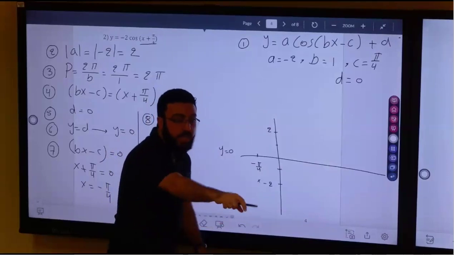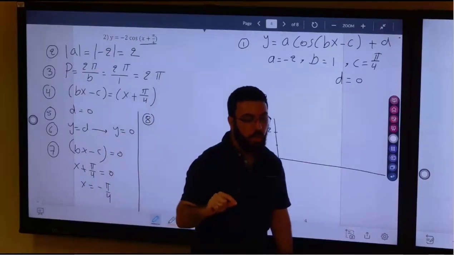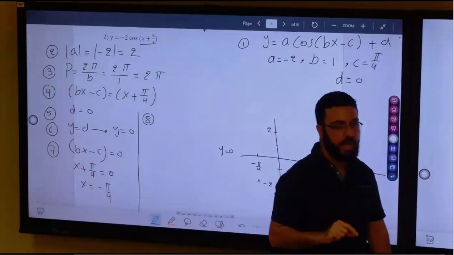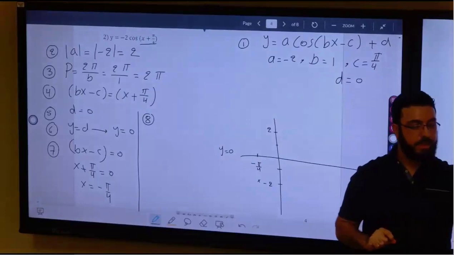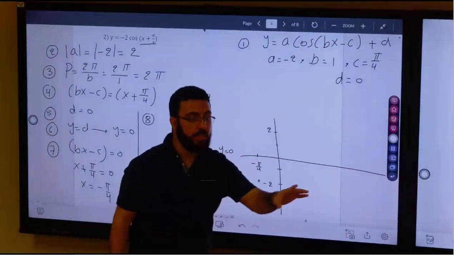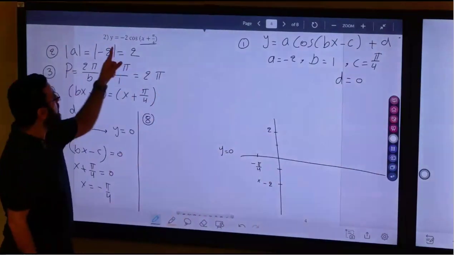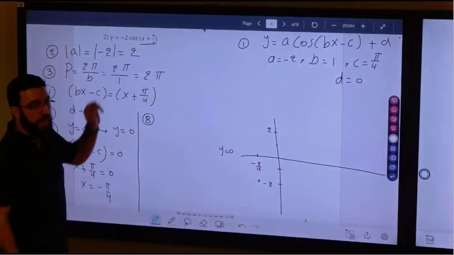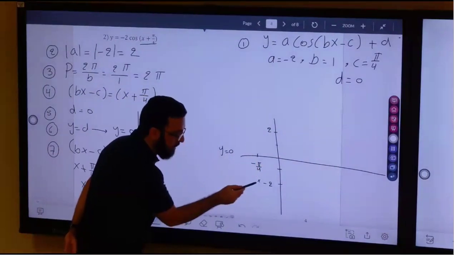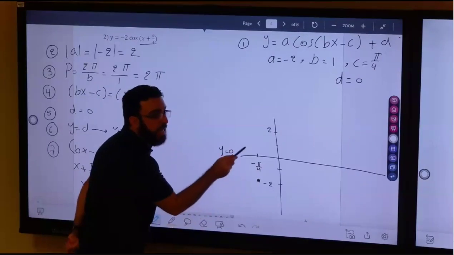Check the notes, A, B, C, D. It says negative cosine starts at the minimum. So where is the minimum? This is the minimum, -2. So here is my start point, not from the rest line.